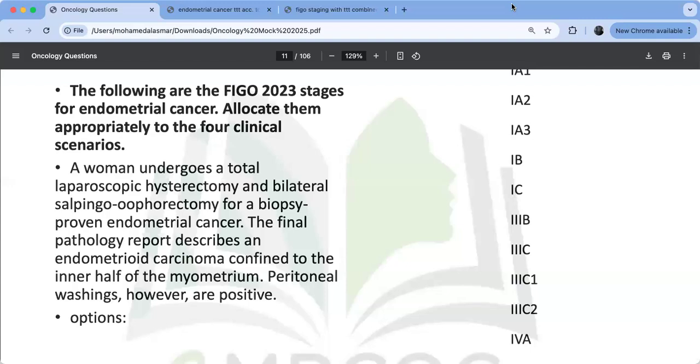Peritoneal washing important in staging of endometrial cancer? No, it's not important in the endometrial cancer. Yes, for ovary. Excellent, Dr. Iman. Excellent, Dr. Farah. Okay, so what is the stage now?